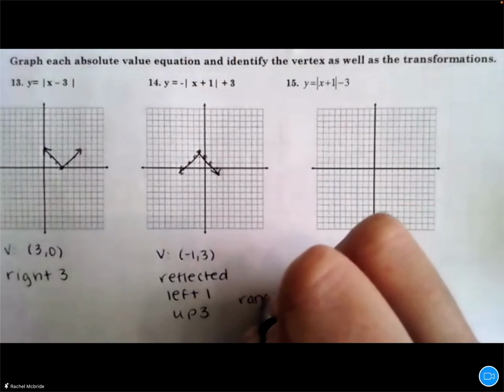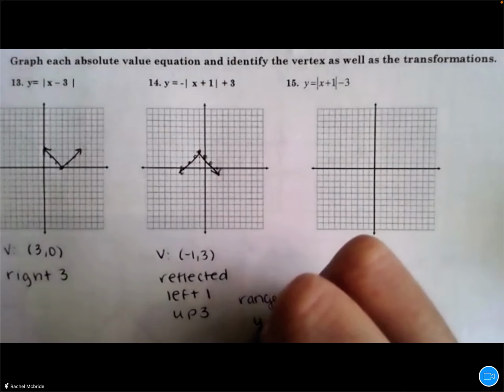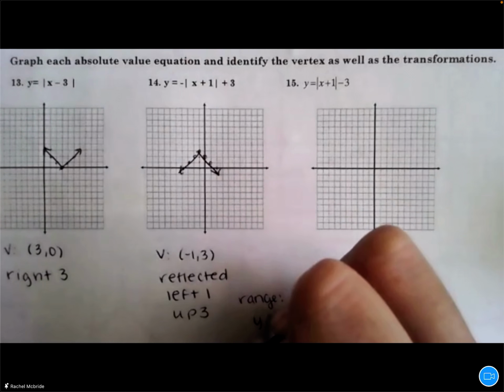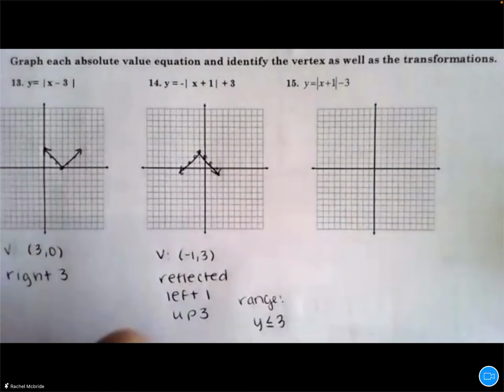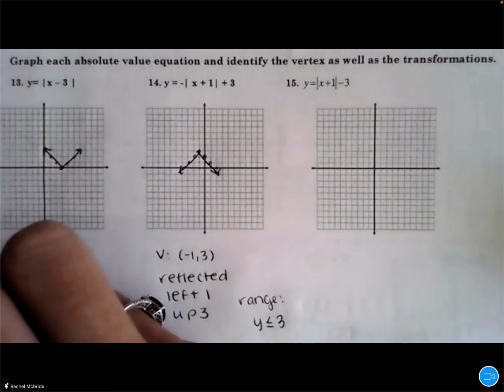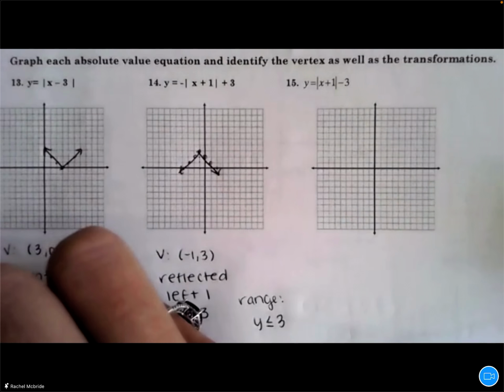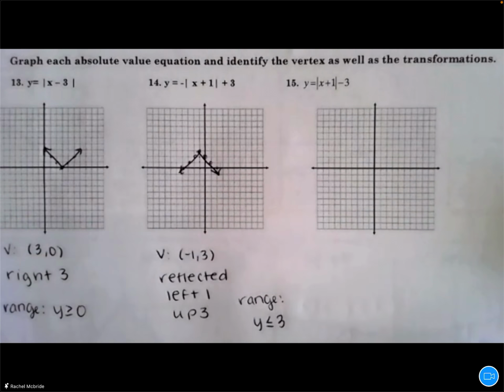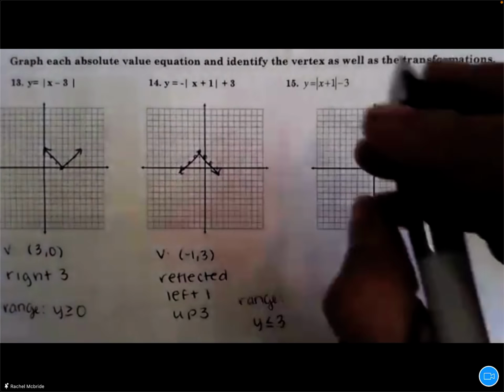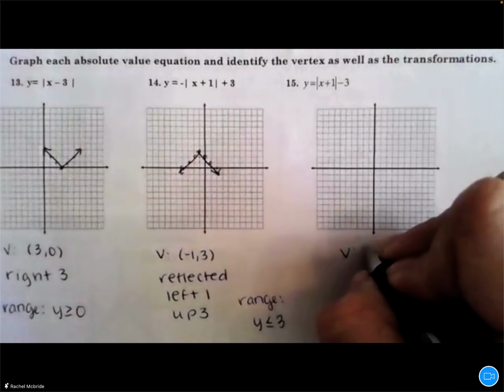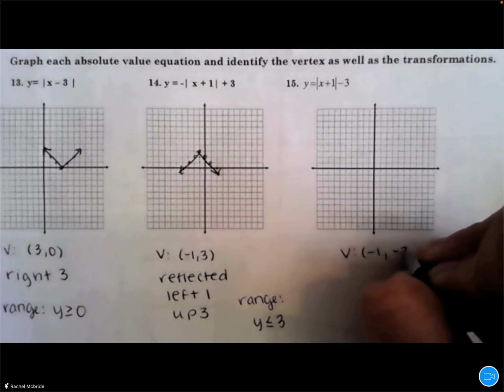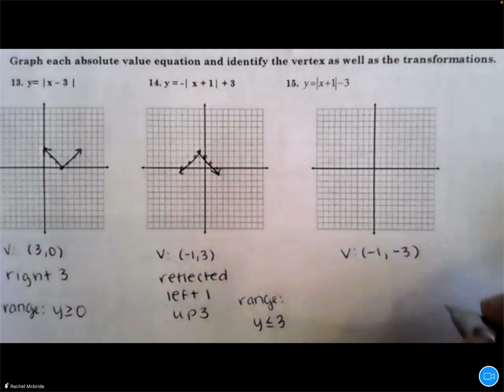And just to focus a little bit, the range would be y less than or equal to 3. Over here, my range is y greater than or equal to 0. 15, my vertex is negative 1, negative 3.